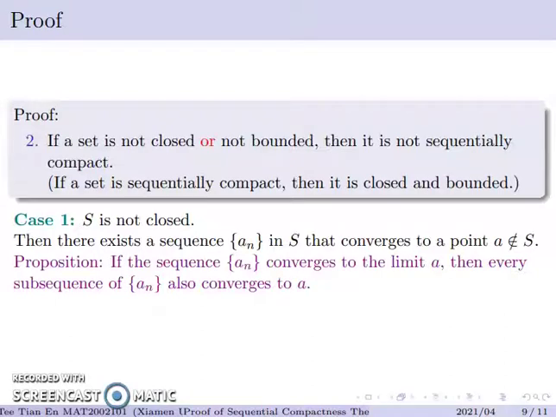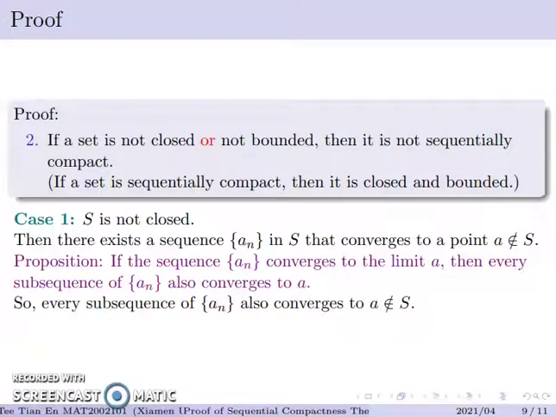Therefore, every subsequence also converges to a point that is not in S. Previously, we said that we have a sequence AN that converges to a point A, but A is not in S.